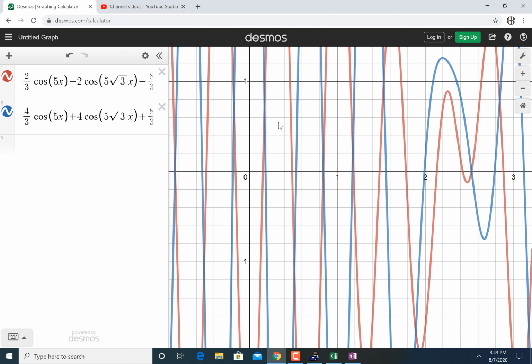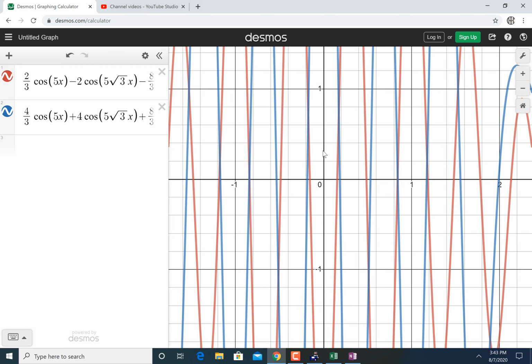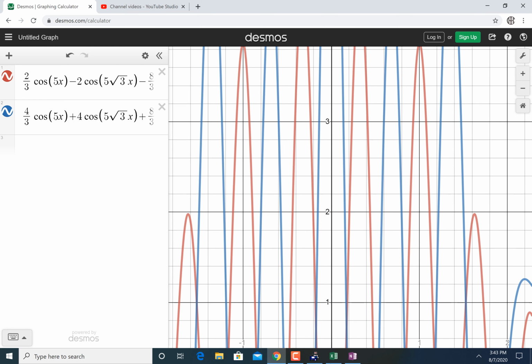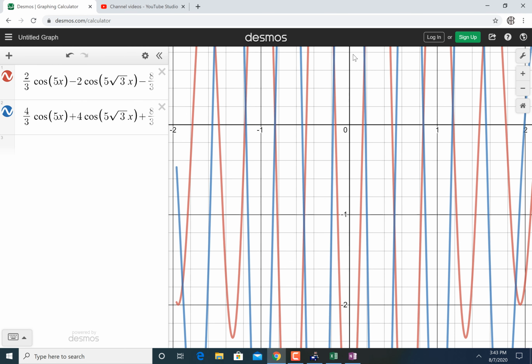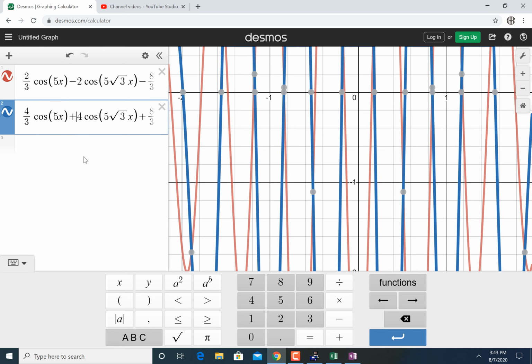All right, we have small issues. Oh, because it's supposed to be negative 4.